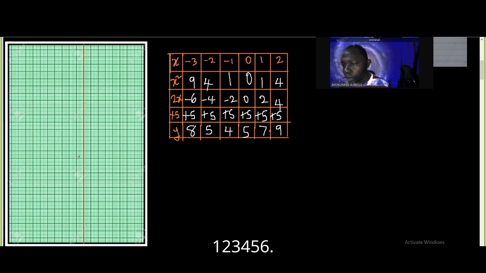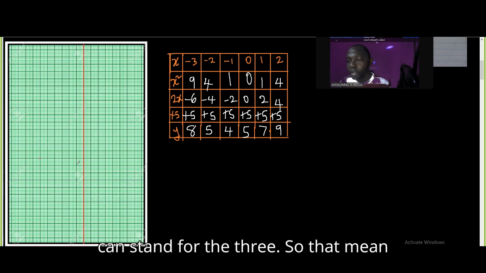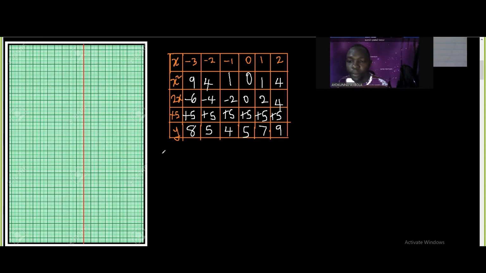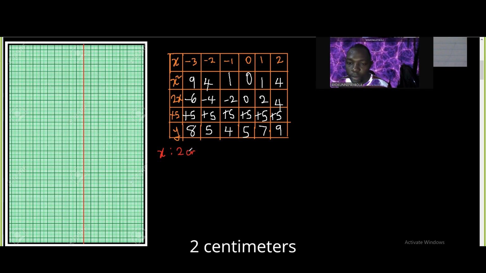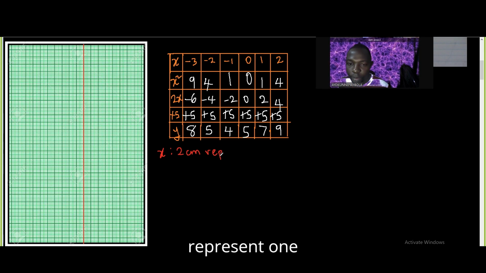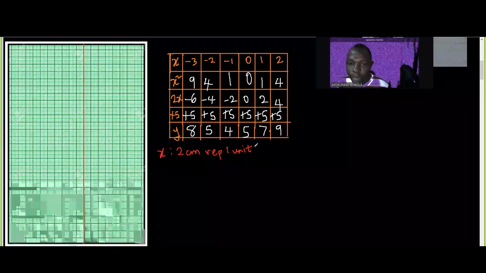So let me count 1, 2, 3, 4, 5, 6. So that 6 can stand for the 3. So on x-axis, I can say 2 centimeters represent 1 unit.